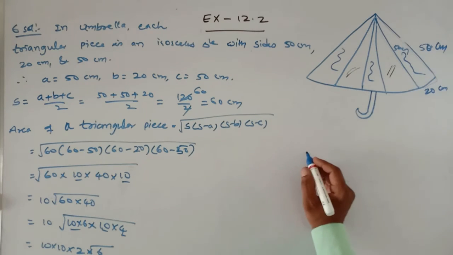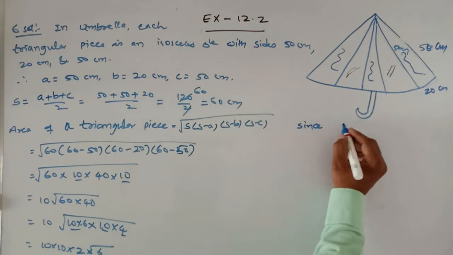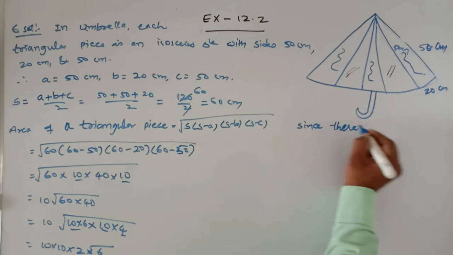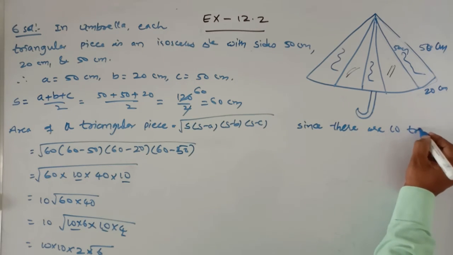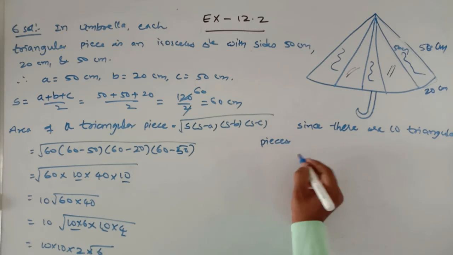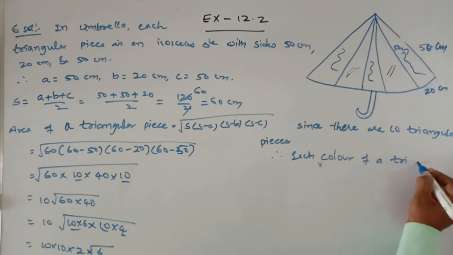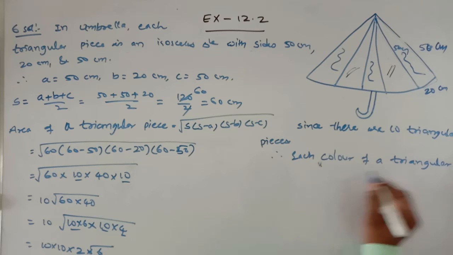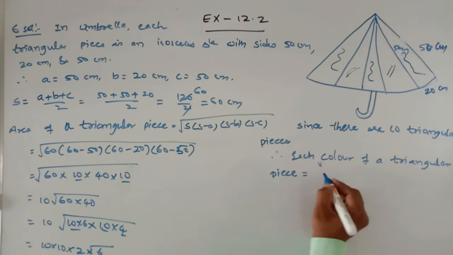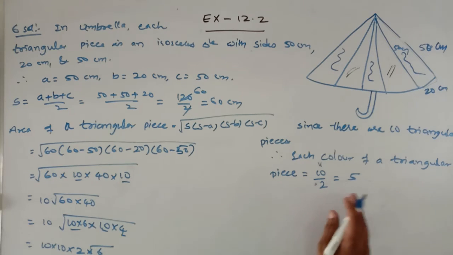Total how many pieces are there? Since there are 10 triangular pieces, therefore the number of triangular pieces of each color is equal to 10 by 2, because there are two colors, which is 5. I get 5 for each color.